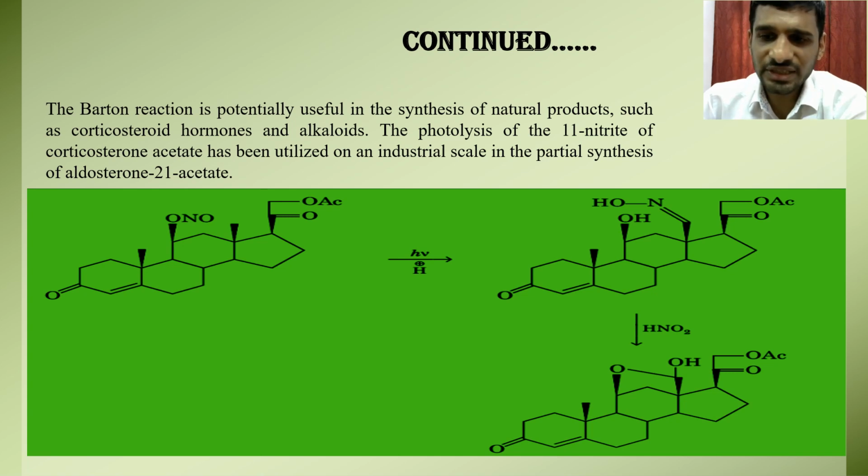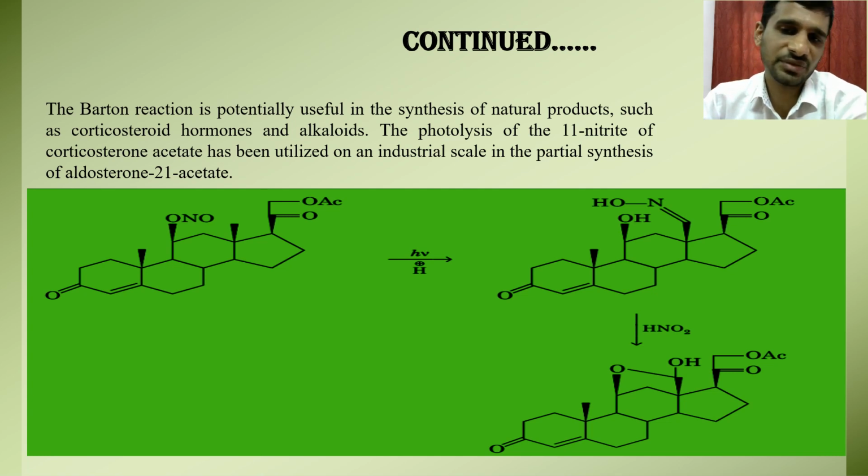Okay, so this oxime over here will react with nitrous acid, HNO2, which is generated in situ by the reaction of NaNO2 and H2SO4. This nitrous acid attacks on the oxime group, NOH group, liberating nitrogen gas and forming a cyclic compound over here.